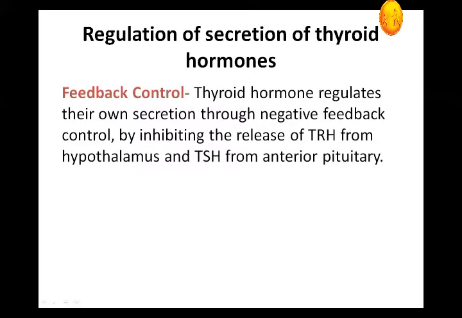Why? Because, please listen carefully, for myelination of the nerve fiber. They may ask in the exam, why are thyroid-deficient babies mentally retarded? You may say that for myelination, thyroid hormone is important. Myelination of what? Nerves.